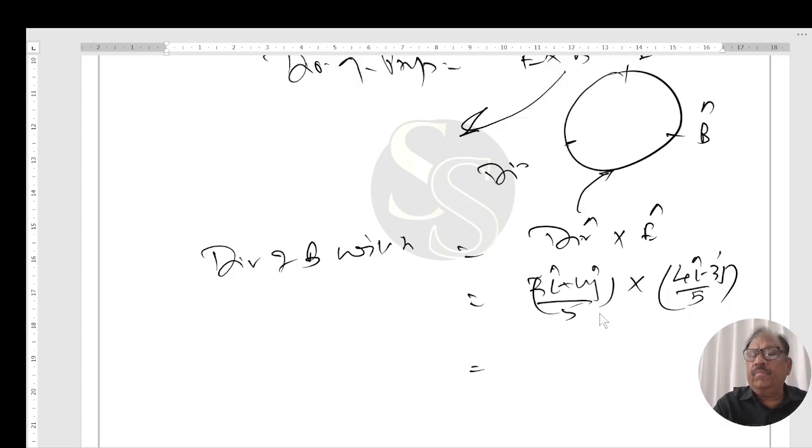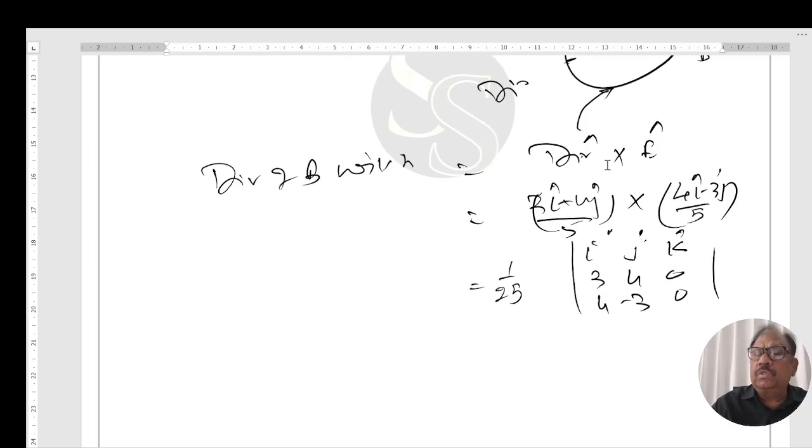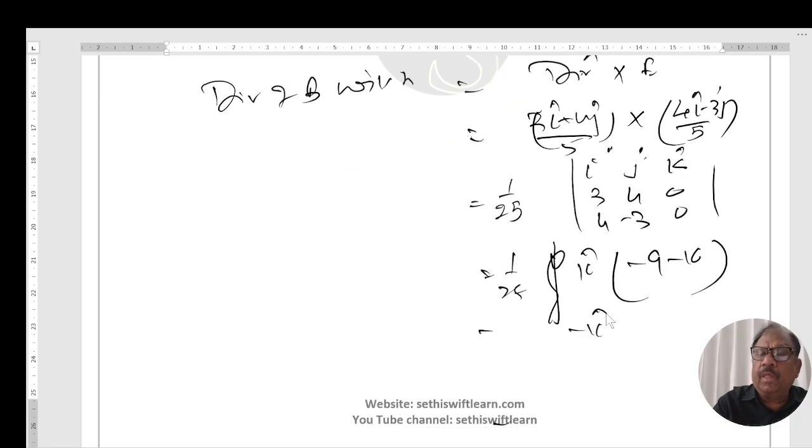This comes out to be 1 by 25 of the determinant with rows i j k, 3 4 0 and 4 minus 3 0. These are the unit vectors. On simplification, 1 by 25, this comes out to be k times minus 9 minus 16. So this comes out to be minus k. So direction of B is minus k.